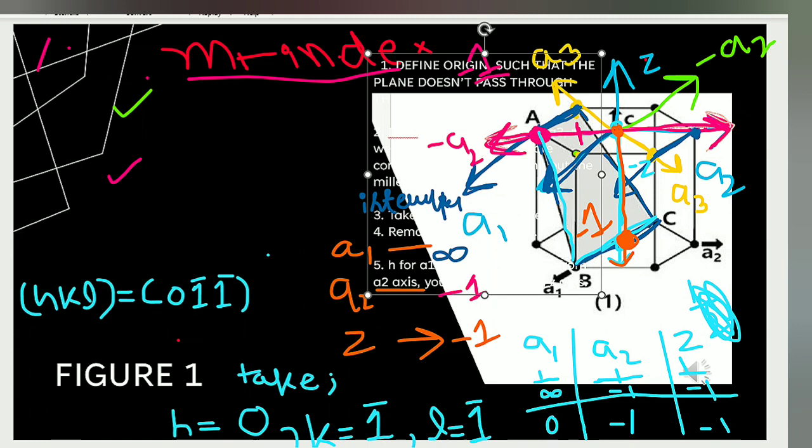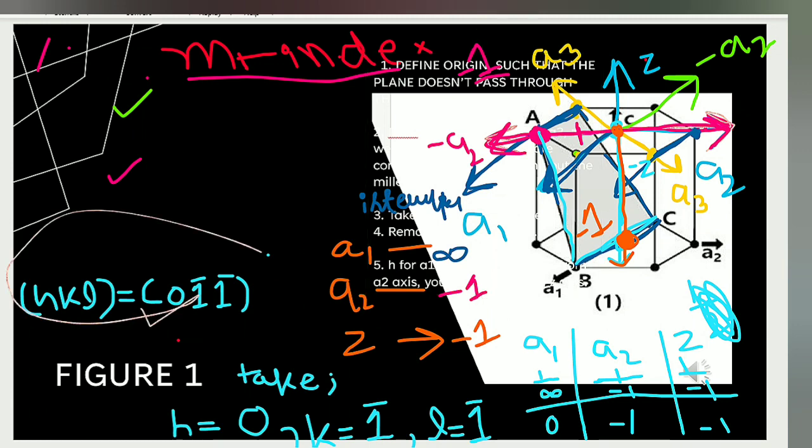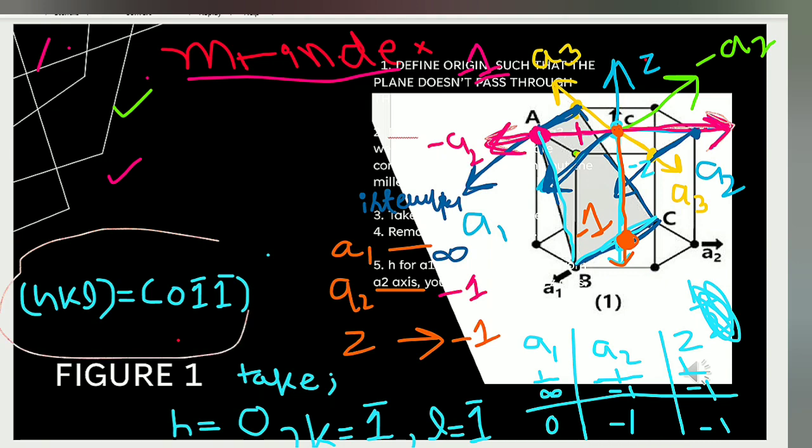This is the final result, the Miller indices for plane 1 in figure 1. We got 0, 1 bar, 1 bar. These are the Miller indices.